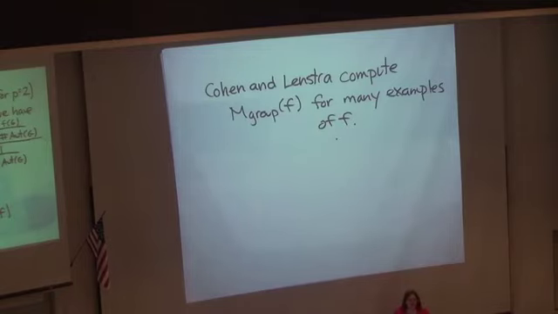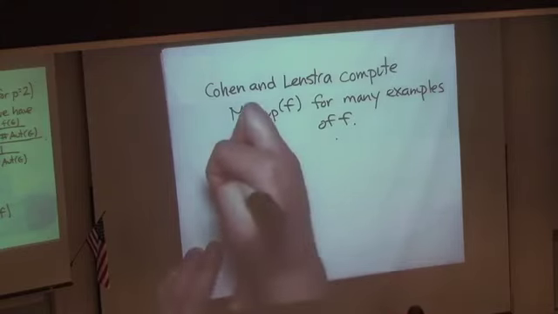It's actually not trivial, but it is just a question about finite abelian groups, so it's certainly much more tractable than a question about class groups, but it still takes them some work, and they compute M group of f for many different f's. And so then one has a precise conjecture for M field of f, what you think.